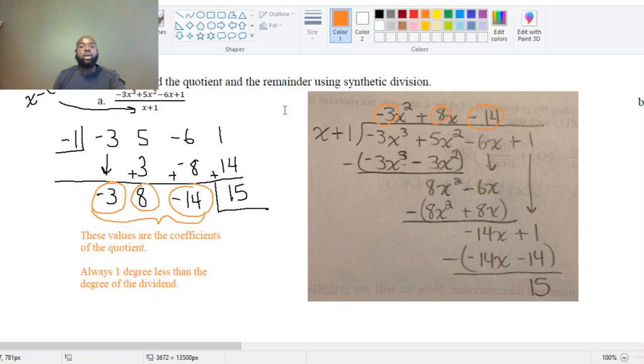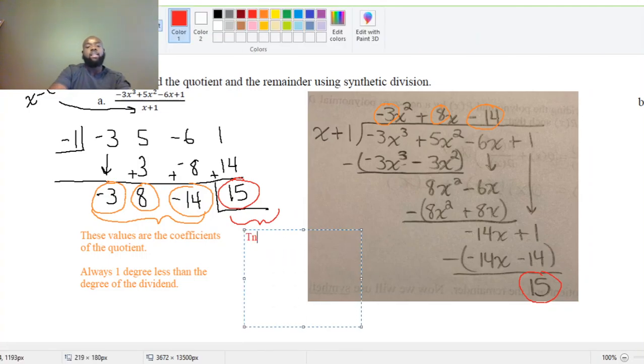If you also notice, this 15 here is this 15 here. So this is your remainder. All right? And so here, this is the remainder. Your remainder always has to be a degree less than your divisor. And since your divisor is to the first power, your remainder has to be to the 0 power. And x to the 0 power is 1, so it's always a constant term, right?